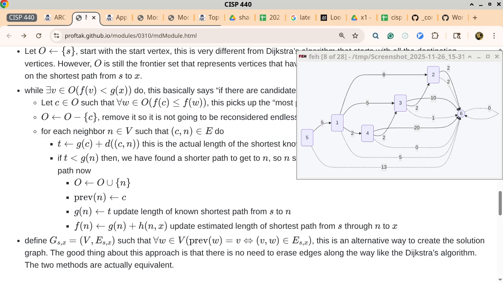If that estimation is less than the g of x, which is the length of the shortest known path at this point, that means we have hope to find a shorter path. Does that make sense? I want you to think about this a little bit, because understanding why that expression is important will help you understand, by the time you trace the algorithm, why you have to do what you need to do. Are we doing okay so far with the rationale of this expression?